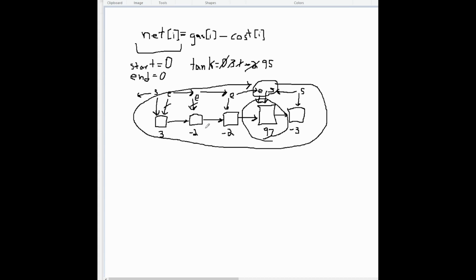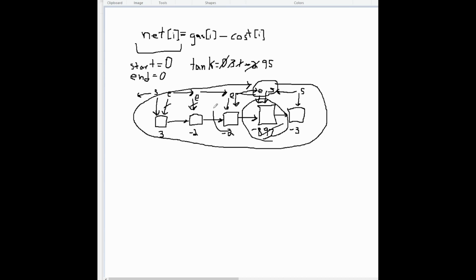This is an example of a case where there's a possible solution, but say, instead of 97, I came across a negative 8, which didn't help us, or even a positive 1, which helped us but didn't help enough. Then in that case, start would have moved back one more spot to here, and our tank would still be negative.